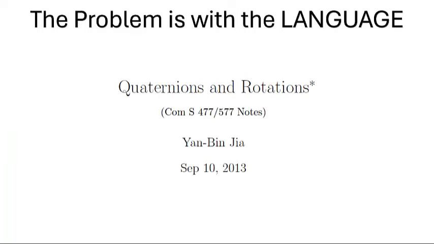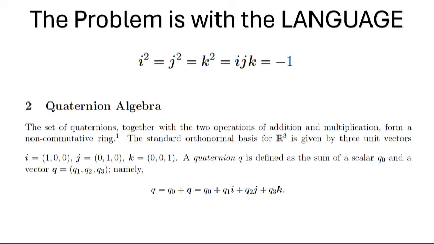Here is another paper that does correctly define the triply orthogonal unit vectors. This is called Quaternions and Rotations by Yan-Bin Jia, I'm not sure how to say that. In the section on quaternion algebra, he says the set of quaternions together with two operations, addition and multiplication, form a non-commutative ring.